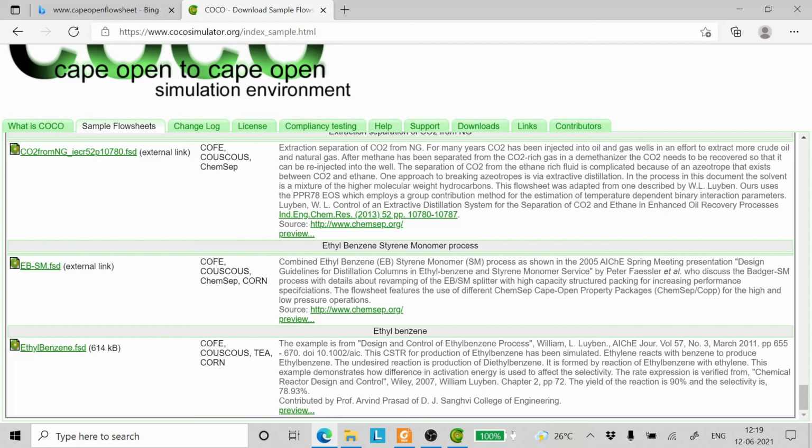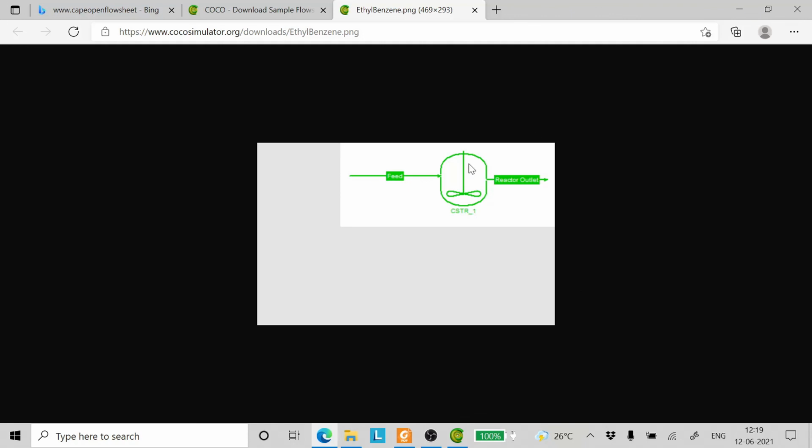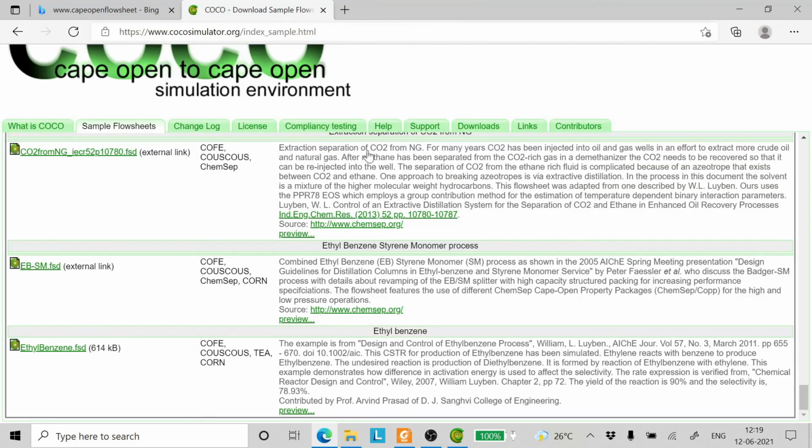This has been contributed by Professor Arvind Prasad. If you click on preview, you shall find this window, and if you click on this, you can download the flow sheet and practice it for yourself.